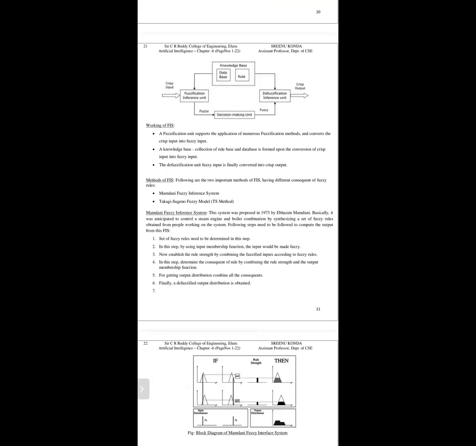What fuzzy rules should be used there. First, we have to identify what are the set of fuzzy rules that are to be implemented. Next, second one is, in this step, by using the input membership function, the input would be made fuzzy.